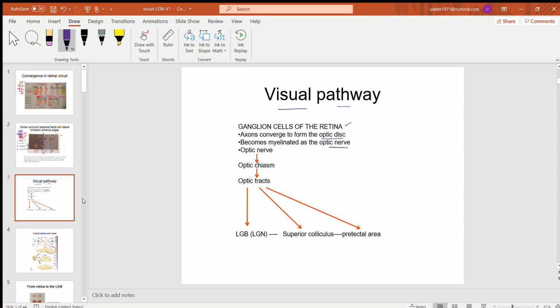And the optic nerves join to form the optic chiasm, and then the optic tract. Now the optic tract, you must remember that, let's draw here. So these two are the lateral geniculate nucleus in the thalamus, right? And two eyes.